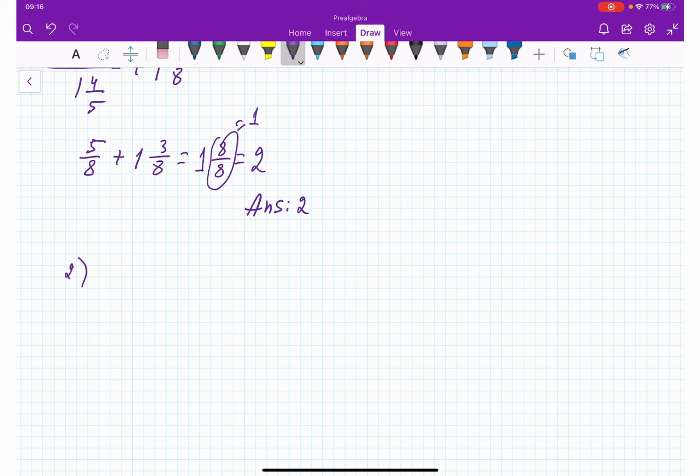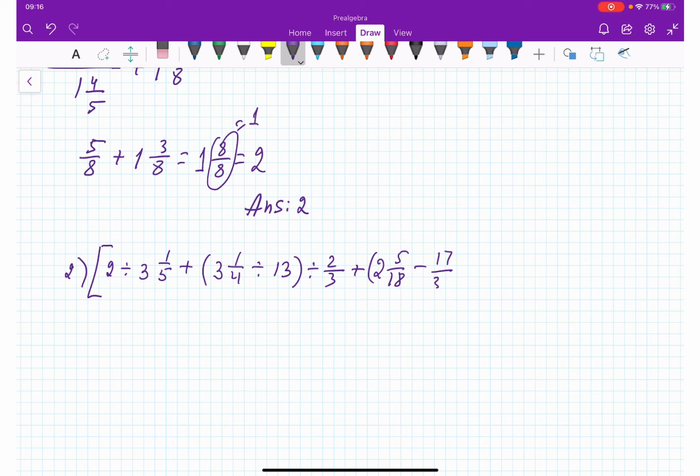So next question is 2 divided by 3 and 1/5, plus 3 and 1/4 divided by 13, divided by 2/3, plus 2 and 5/18, minus 17 over 36 times 18 over 65, and multiplied by 1/3.